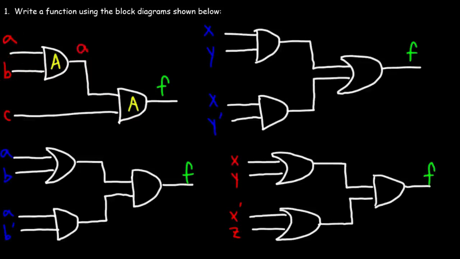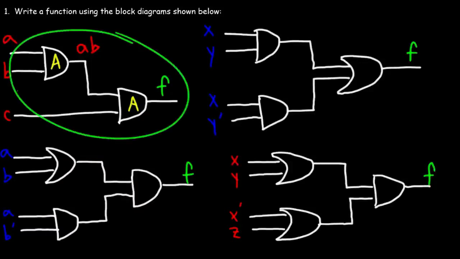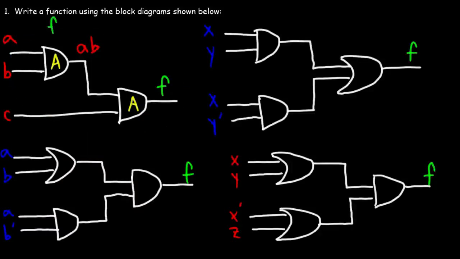So the output will be A times B. Now the second AND gate will take this input, which is AB, and multiply it by this input, which is C. So we could say that the output of this entire circuit, represented by function f, is going to be the product of A, B, and C. So this is the answer for the first one.